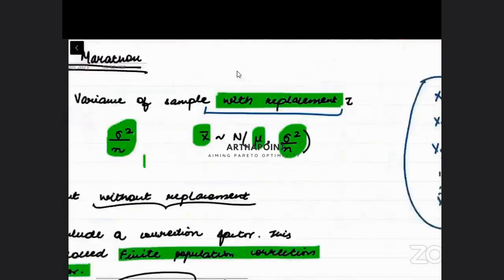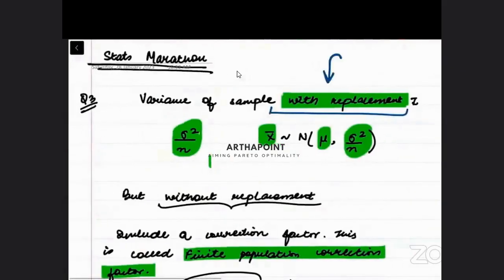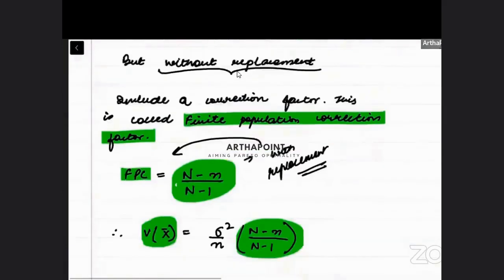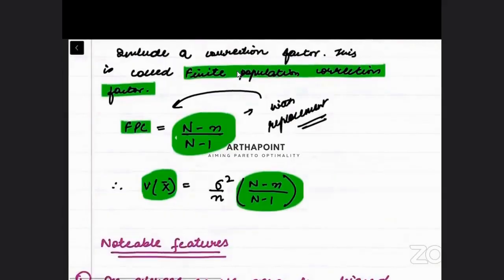That is with replacement. So with replacement has the variance sigma square by n, and without replacement, you include this finite population correction factor.